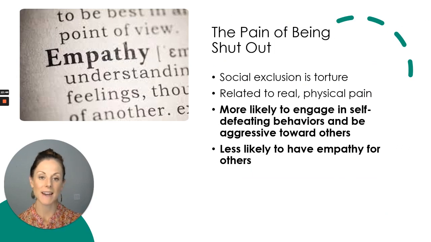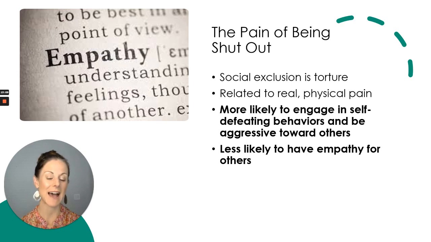Furthermore, what being shut out does is it kicks off what can be a downward spiral of behaviors that actually continue the social exclusion and social withdrawal. So people who are excluded are more likely to engage in self-defeating behaviors, like being more aggressive toward others, more irritable, more defensive.